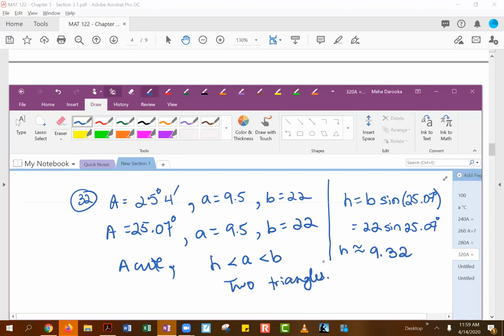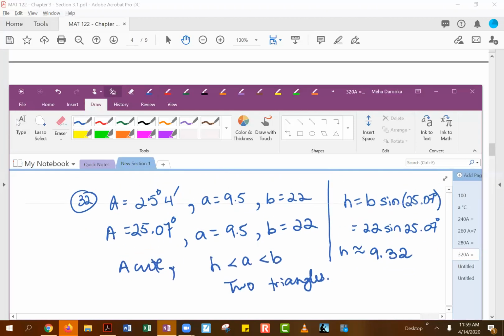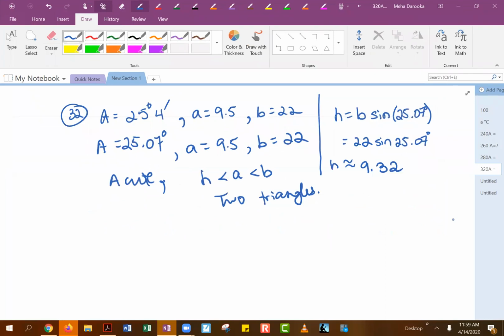So let's see how we can go about doing this. We're given angle A, we're given side A and side B. So where can we start? Finding angle B, yeah, that's exactly where you want to start.